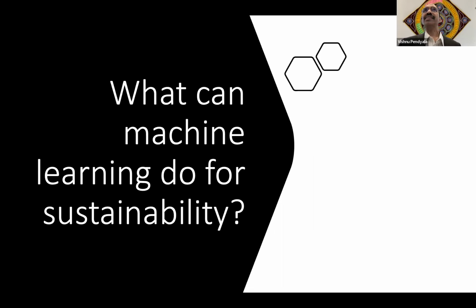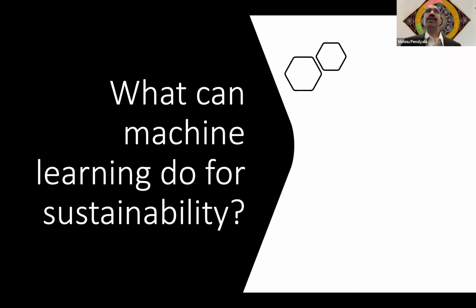And we should also accept the fact that we are overburdening nature, and it is obviously causing a lot of climate changes and things like that. So we should also learn to be resilient to what is happening around us. So machine learning can help in both ways.